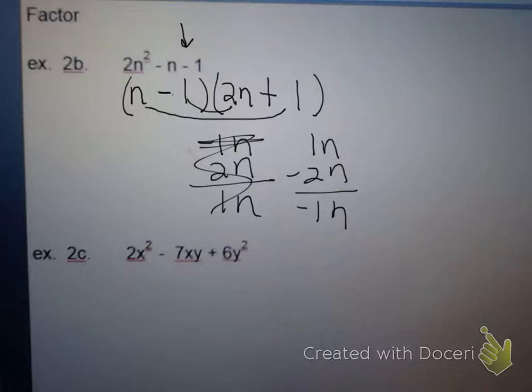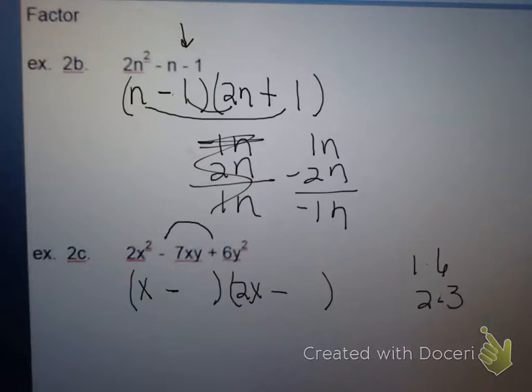Example 2c. Now, if you look at this trinomial, you'll see that the last factor has a variable also. We just use it with the factors of 6. So you look at the last sign is positive, so the signs are both going to be negative. Factors of 2x squared are 1x and 2x. Now factors of 6 are 1 and 6, or 2 and 3.